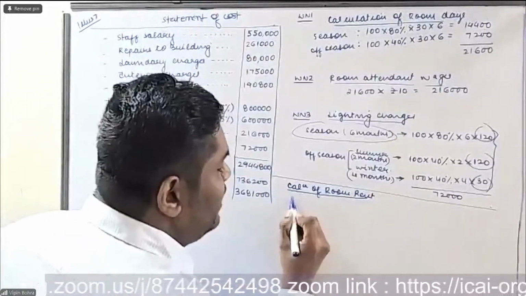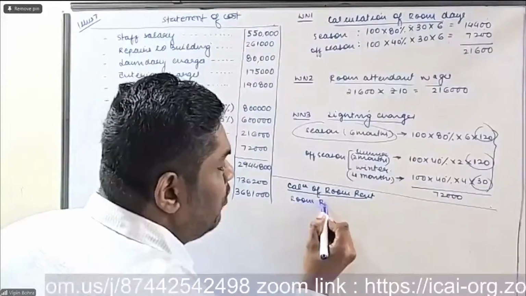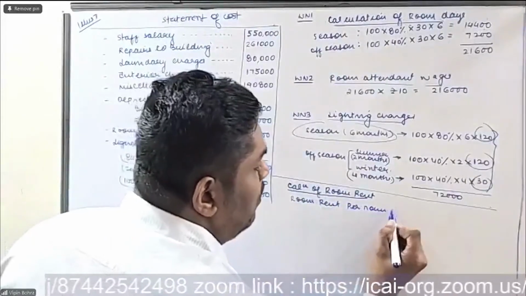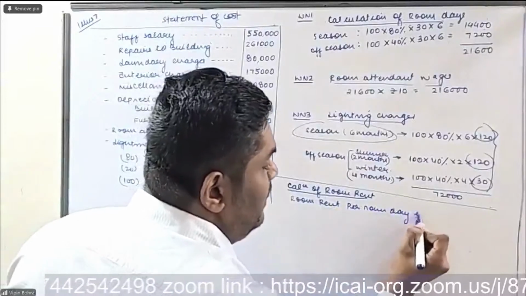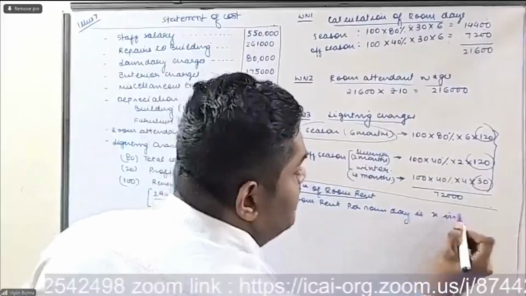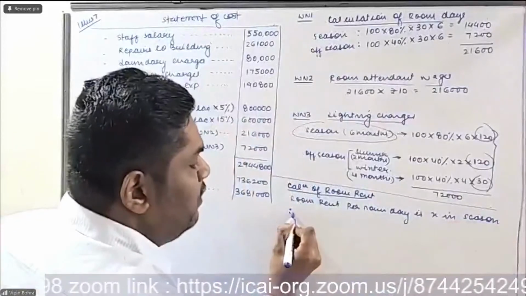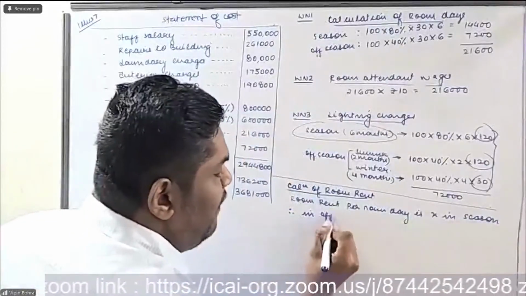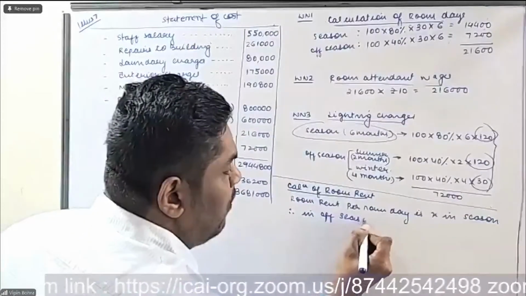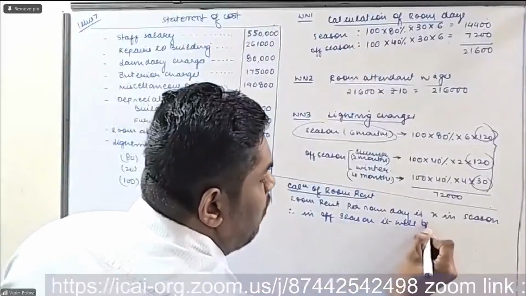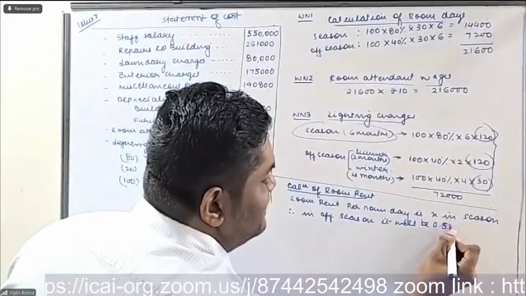So let's assume that the room rent per room per day is X in season. Therefore, in off season, it will be 0.5x.